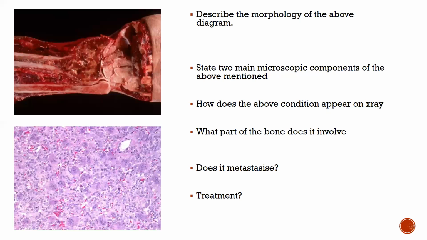Most of the time, if this was dry and in formalin like the other pots, you would have realized what type of tumor it is. But now that it's covered in blood and tissues are just around it, it makes it quite hard. So that's why I brought this diagram here.